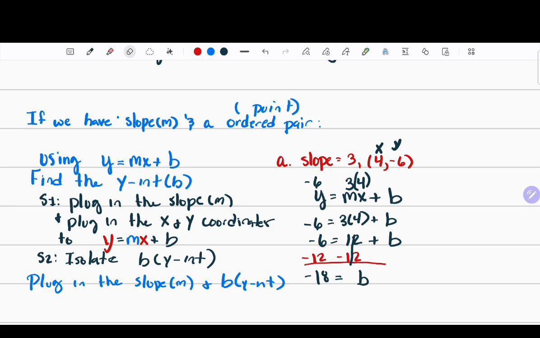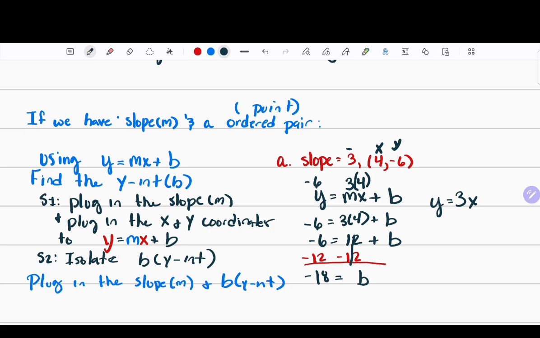So our answer is y equals, our slope is 3x, and our y-intercept is -18.